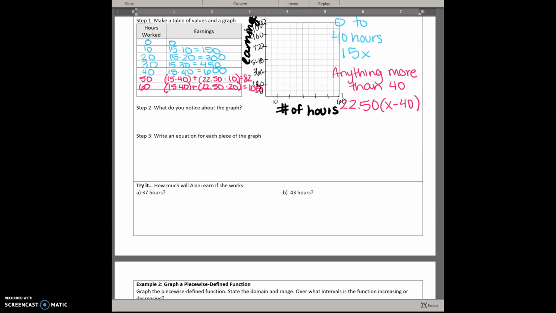And then I'm going to go ahead and plot these points as best as I can on this graph. I understand the graph is kind of hard. So 0, 0, 10 would be 150, so if this is 180, it would just be right somewhere around underneath it. 20 would be 300, so again, estimating as best as we can.